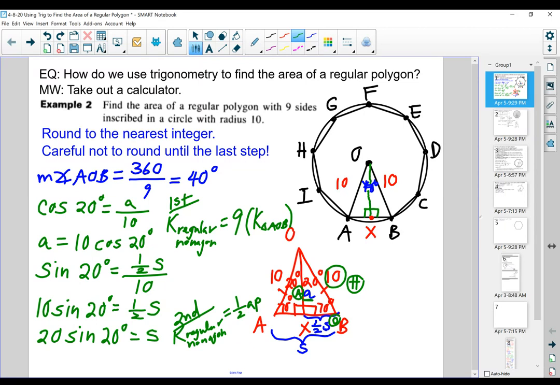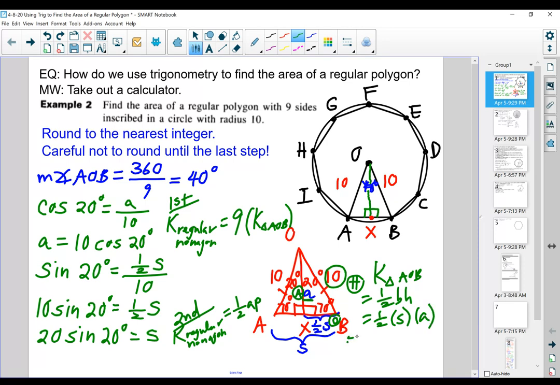So the area of a triangle, let's actually do that over here. The area of our triangle AOB is half the base times the height. So it's half, the base here is s, which is something that we've already found, and the height is a, which is also something that we already found.